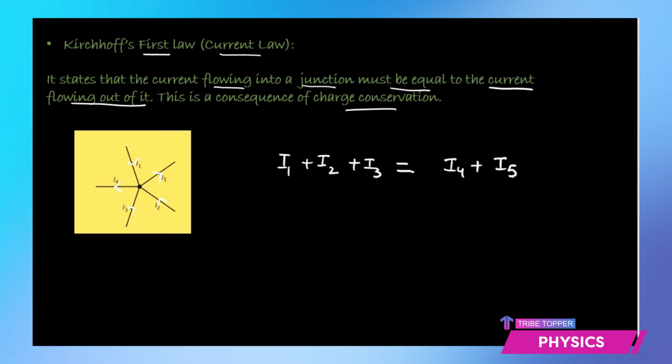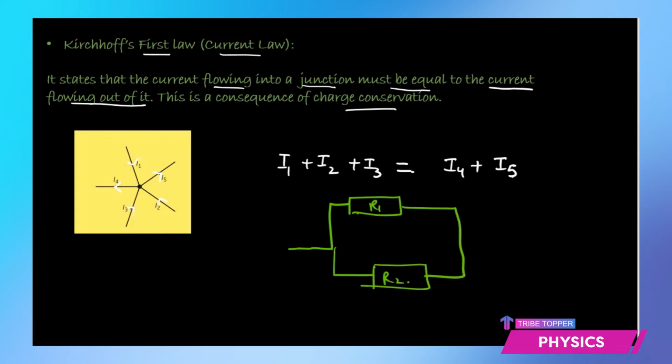You might have seen this. We often apply this when we talk about how current gets divided when resistors are connected in parallel, R1 and R2. When the two resistors are in parallel, the current that enters here is I. It splits up into two parts, I1 and I2, through the two resistors, but then they will again add up to give you I. So if I enters the junction, I leaves the junction.